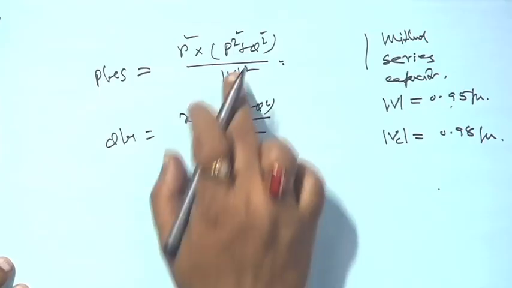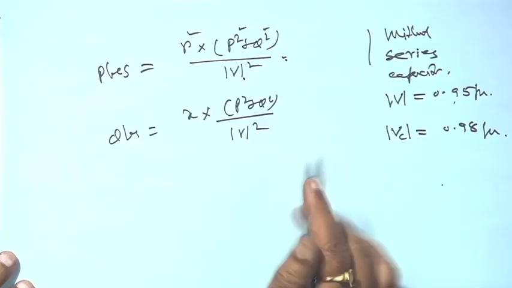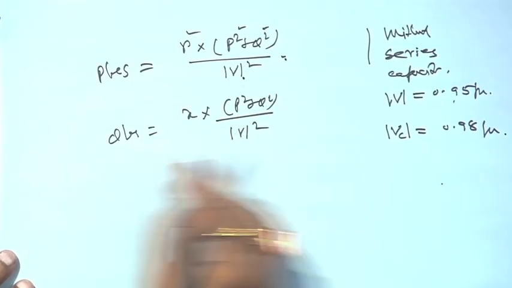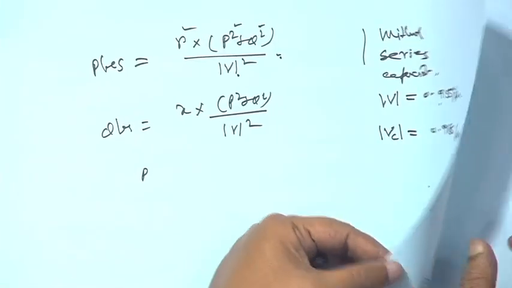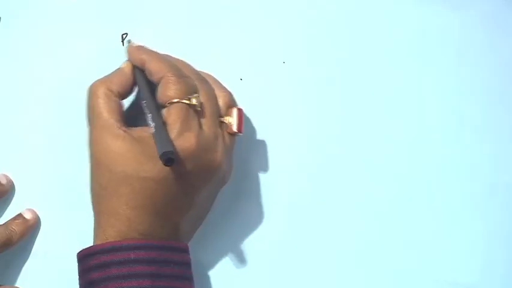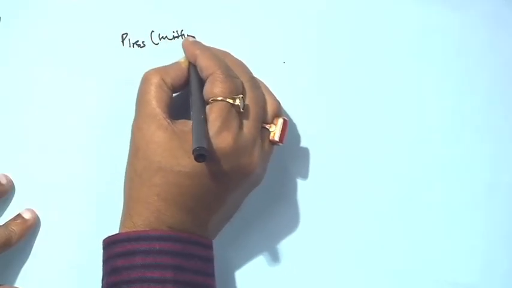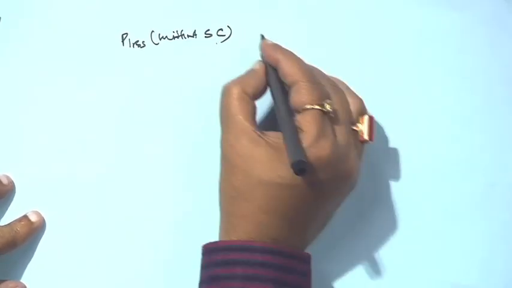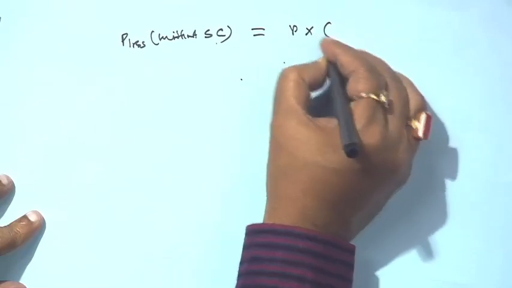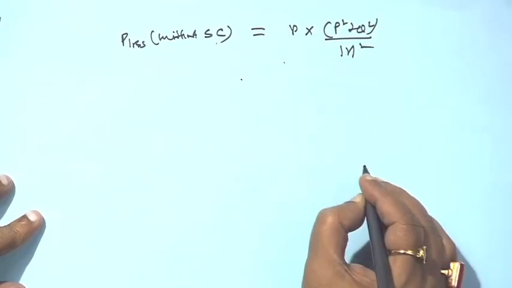Just for your understanding, let me write it in a better fashion so the concept is clear. Suppose this is P loss without series capacitor, I am making SC the series capacitor, equal to R into P square plus Q square upon magnitude V square, right.